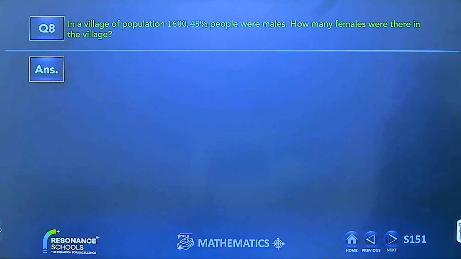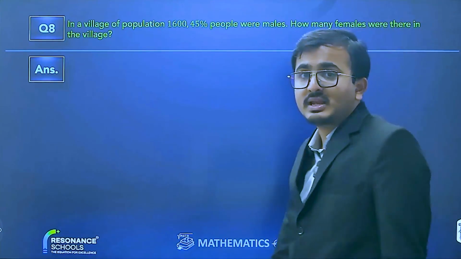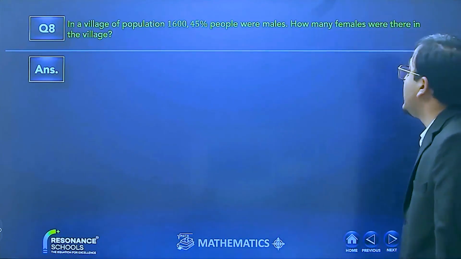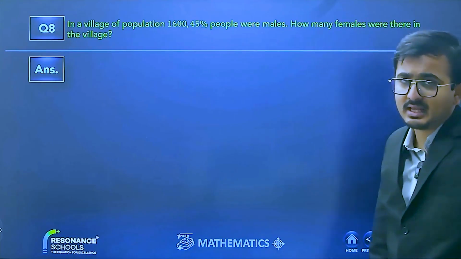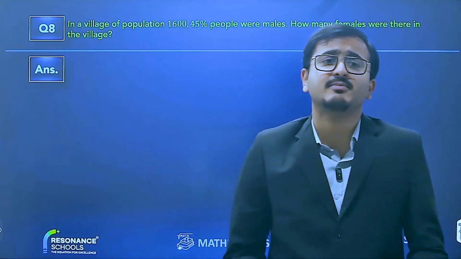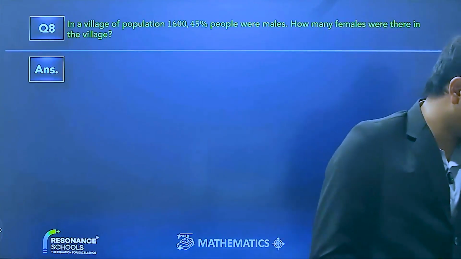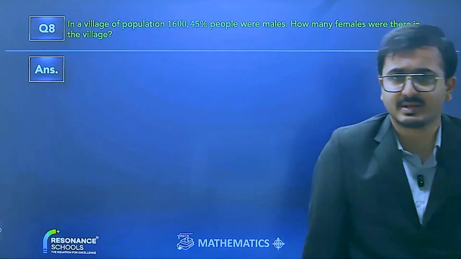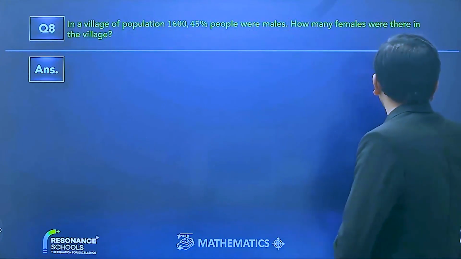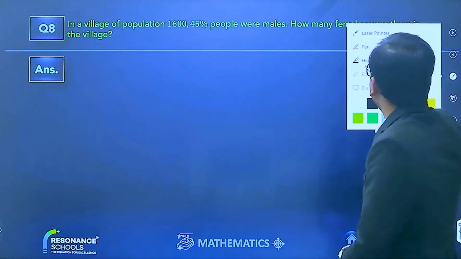So a village of population 1600, 45% are male, and how many will be female? It is a very simple question. Just do 100 minus 45. You will get 55. Very simple.